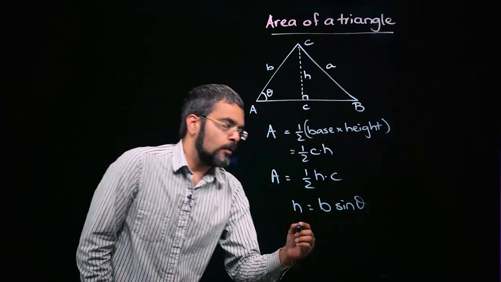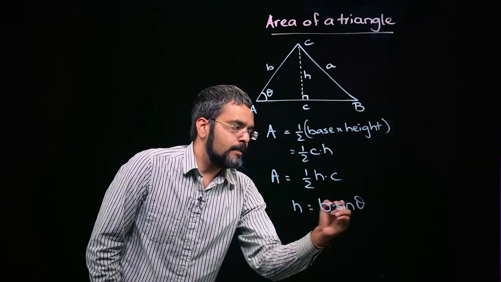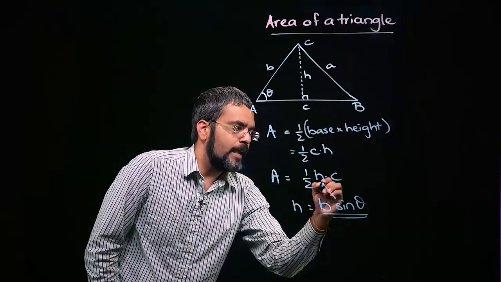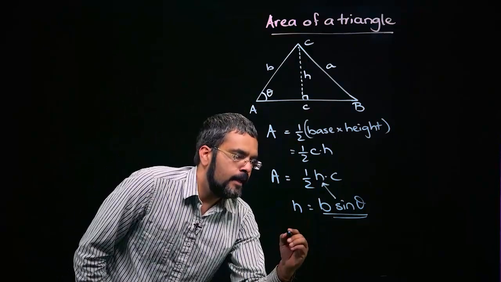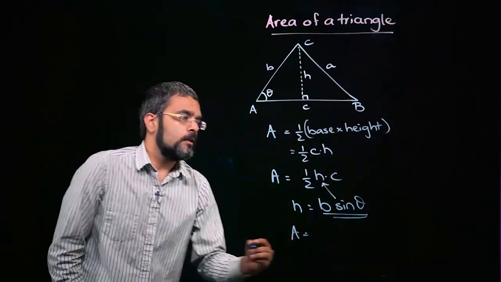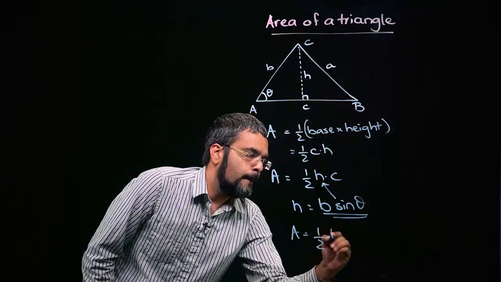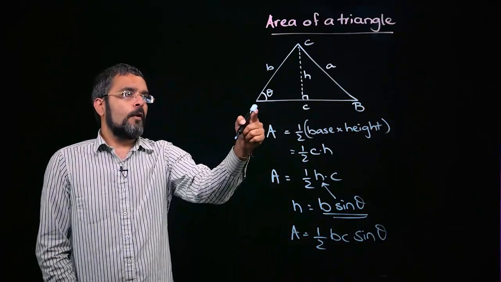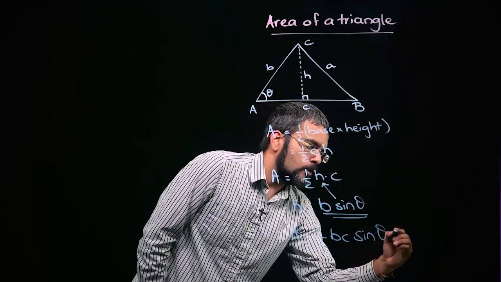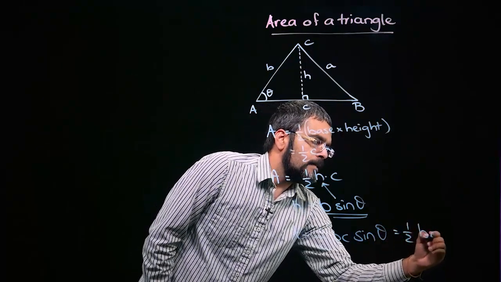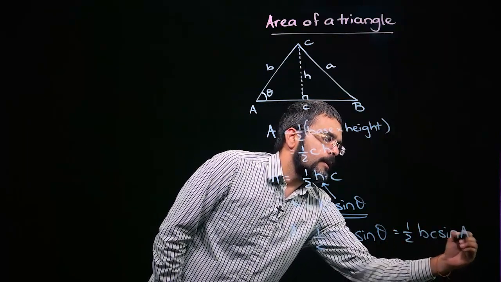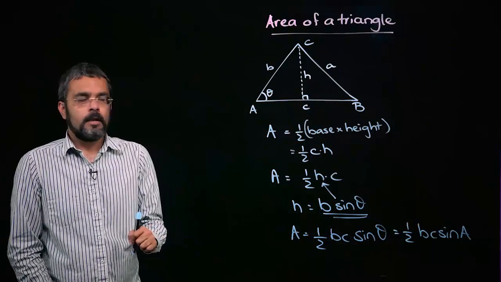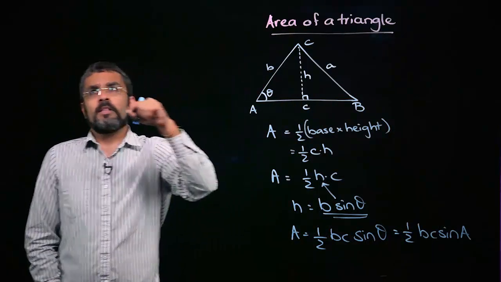And so then I can replace this part for H, and I get A equals 1/2 BC sine theta, or for us, if we use A as the angle, we can also write this as 1/2 BC sine A.